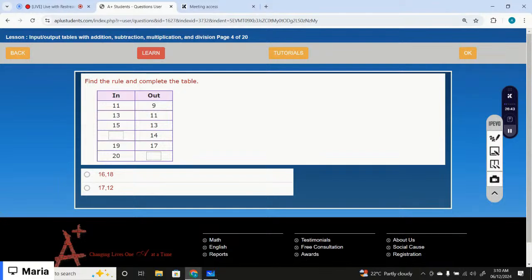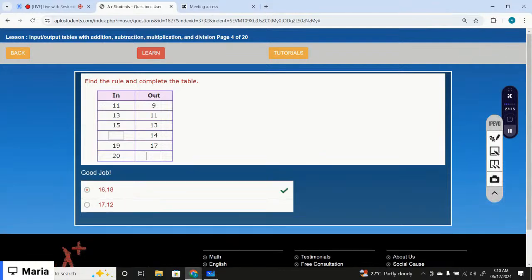So 15 minus 2 is 3. That is 16 and 18. It must be 16 and 18 because then 14 plus 2 is 16 and 20 minus 2 is 18. The correct option is 16 and 18.